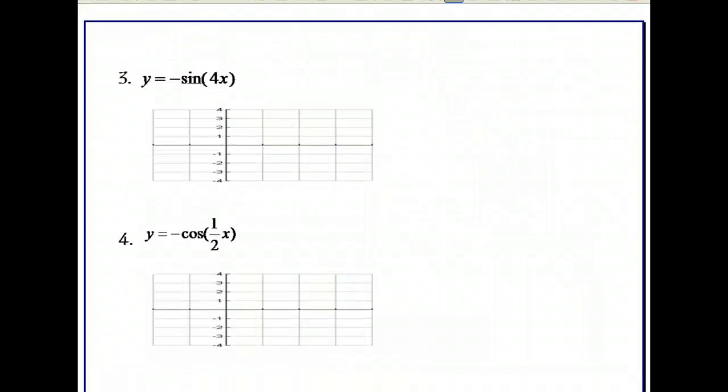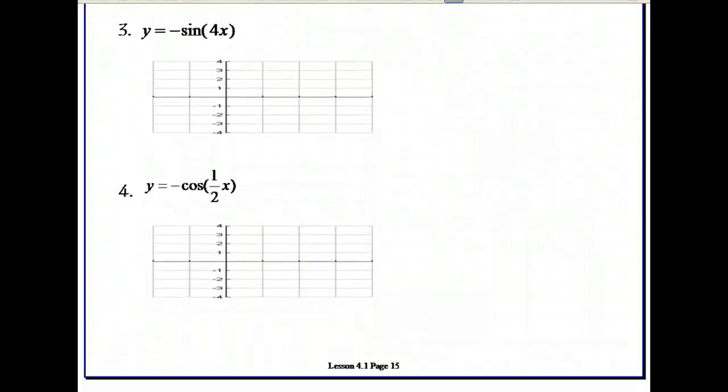We'll practice a bunch more in class. Let's just go through these very, very quickly. All right, 4x, all your key points get divided by 4. 2 pi divided by 4 is pi halves. Pi by 4, pi fourths. This will be a pi eighths. And a 3 pi eighths.